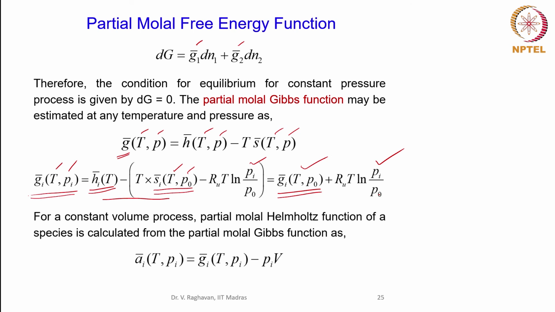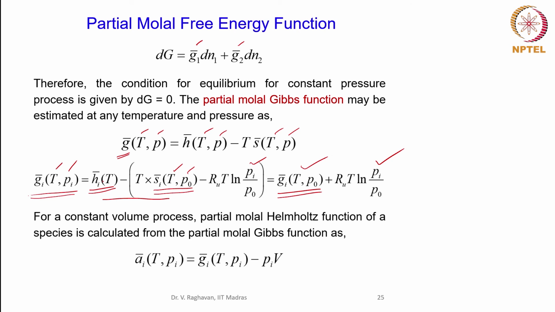So, now you can use tables which directly give the Gibbs function of the particular species as a function of temperature and use that to calculate the first term, or you can calculate the enthalpy of the ith species at a given temperature and use the formula H minus TS.